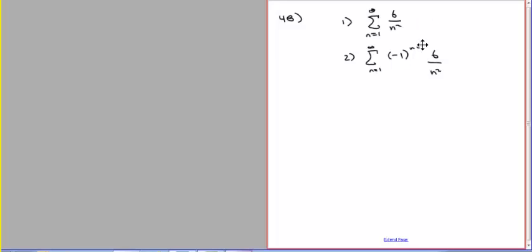Yeah, okay, that's true. Just wanted to confirm that by looking in the book. So both of these converged. So you would say this one is absolutely convergent. Now, if this one didn't converge, but this one did converge, then it would be conditionally convergent.